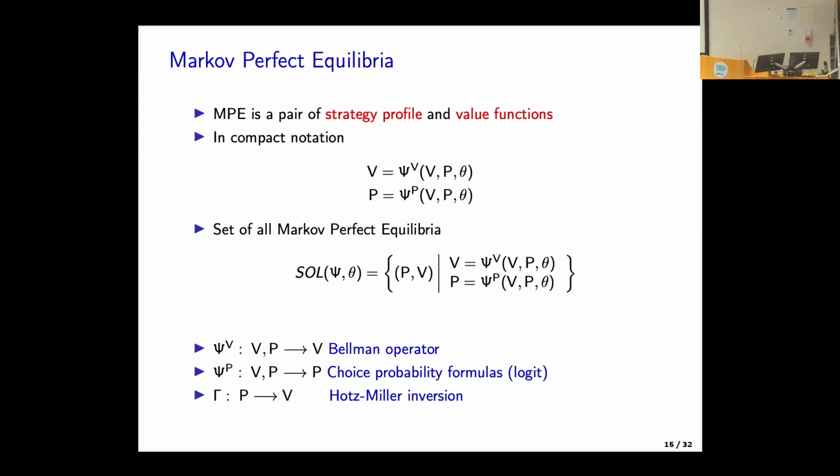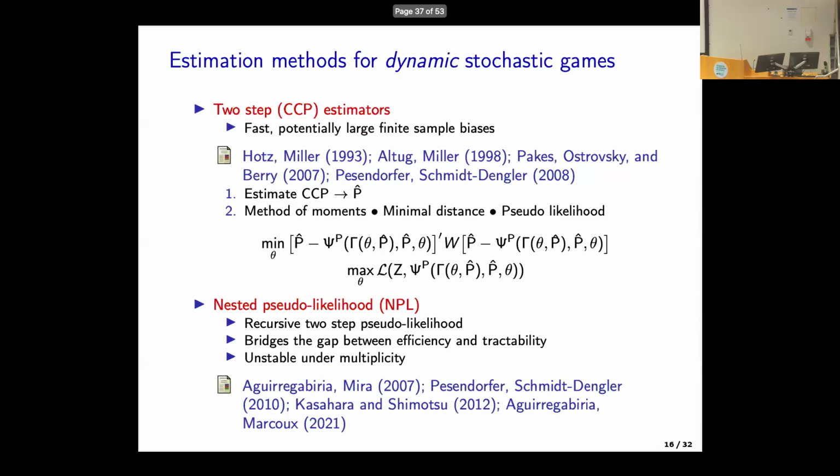Okay, so once you've essentially pinned down what the P's are, you know what the values are and the conditional choice probabilities, and you can use that in the sample criterion that you use in estimation. For example, using method of moments or minimum distance, or like here, pseudo maximum likelihood. Essentially, you just put the best response function fixed at those estimated CCPs right into those likelihood functions.